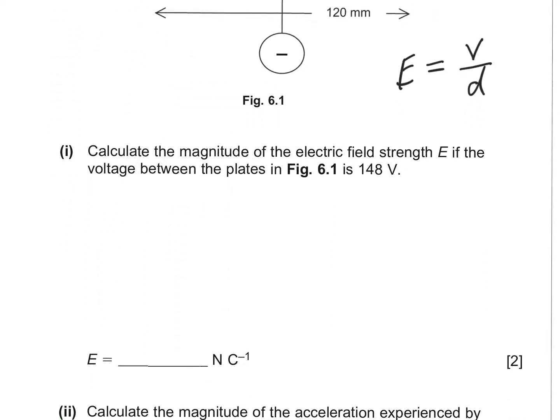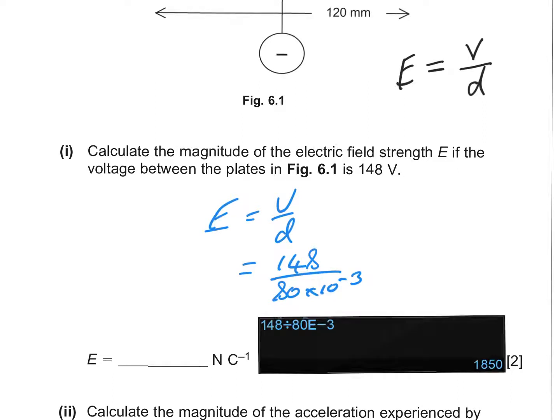So E is V over D, and we have a voltage of 148 divided by 80 millimeters, which is 80 times 10 to the minus 3, and that gives us 1850 newtons per coulomb.